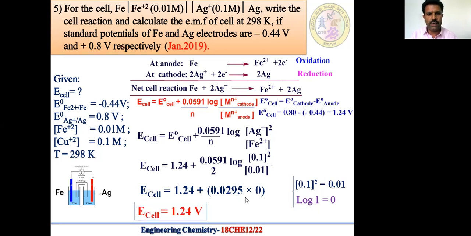Hence, the EMF of the cell under this given condition is equal to 1.24 volt. So this is about how to write the cell reactions and how to calculate the EMF of the cell under given conditions.